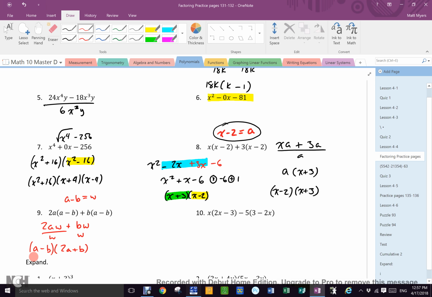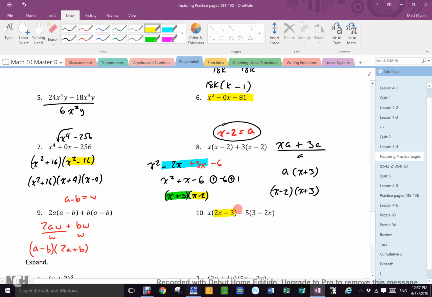Okay? Now, if I expanded this all the way out and gathered all the like terms and then factored it, I would get that. Is everybody with me? Now stop for a moment, look at 10, and tell me what's going down. It's not right, is it?